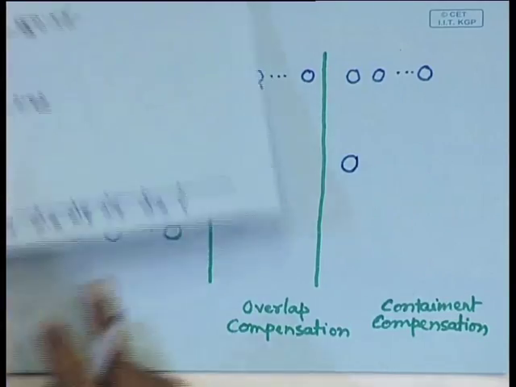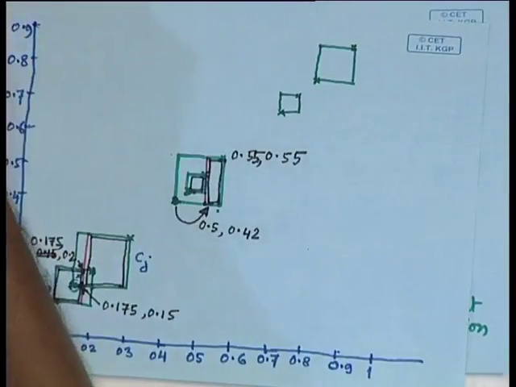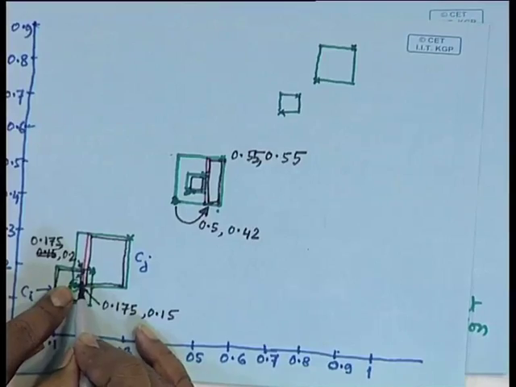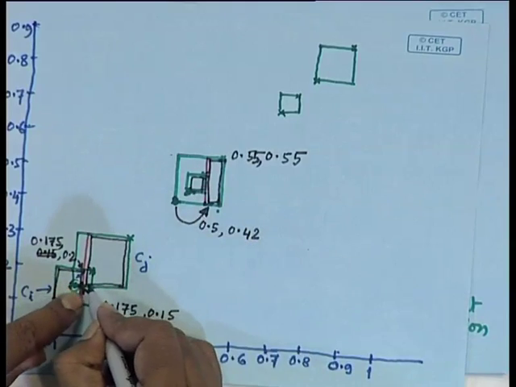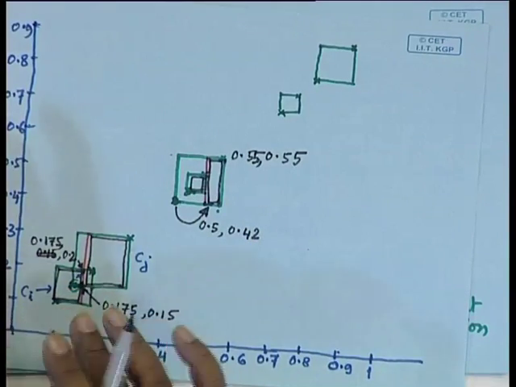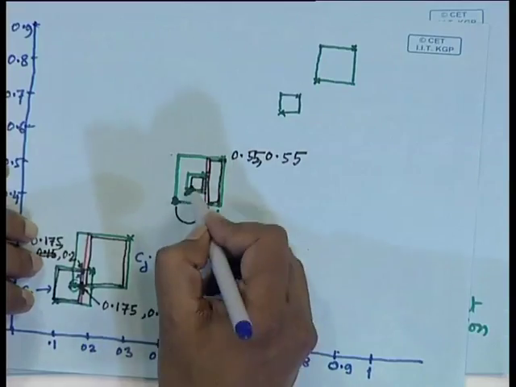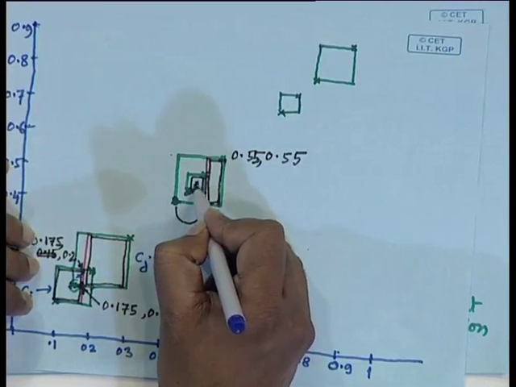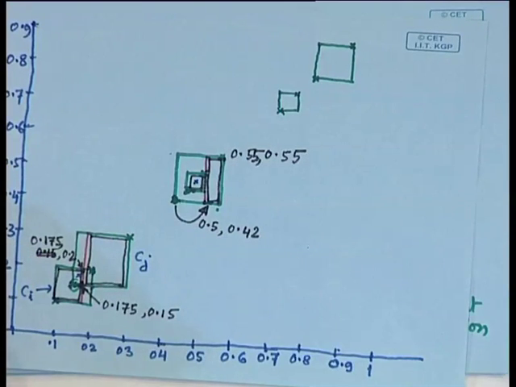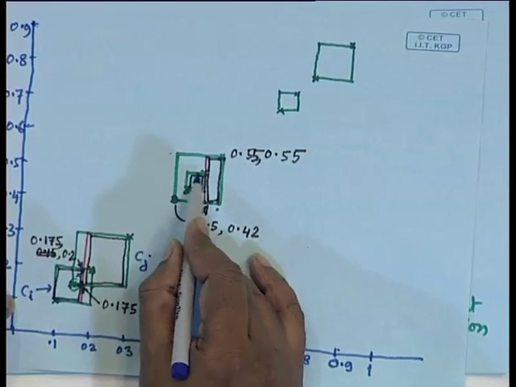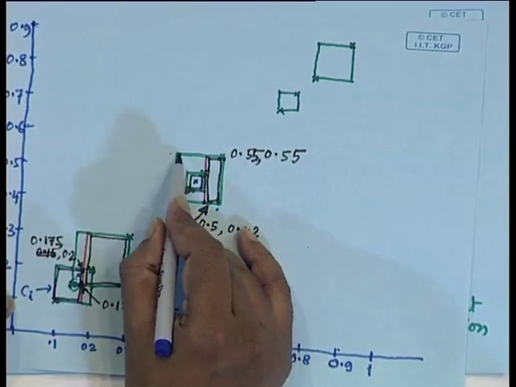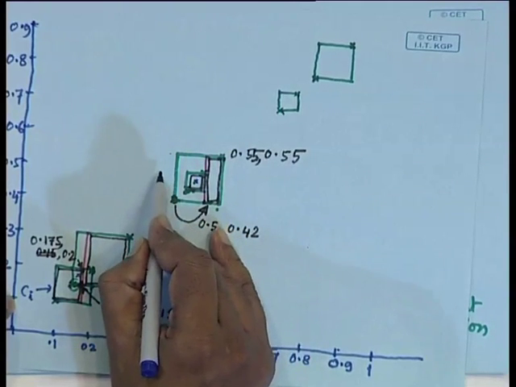Now, why I said that the type of compensation that I have to give in this case is different from the type of compensation in the overlap case is that there I have to compensate the membership functions of both class C i and class C j, right. Whereas, in this case, if any feature point lies over here, we are saying that it should get a membership value of 1 to this class, whereas the membership value to this class has to be 0.